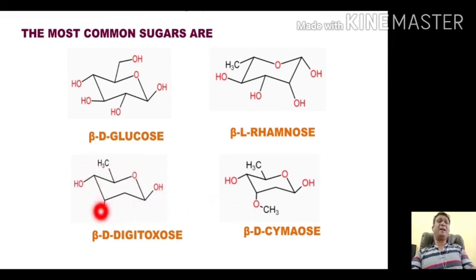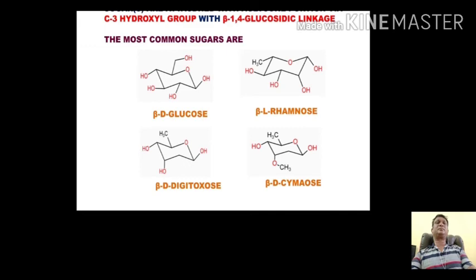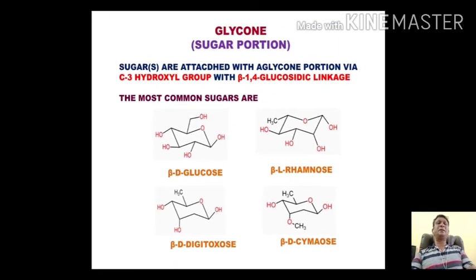And when the hydroxyl group of this beta D digitoxose, which is present at position number 4, is converted to a methoxy group, this leads to formation of beta D sarmentose. So these are the 4 classical examples of the sugar moieties which are found in the cardiac glycosides.